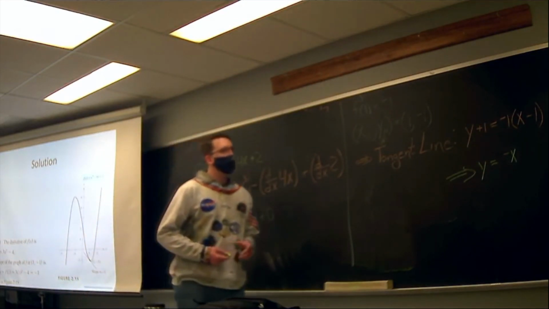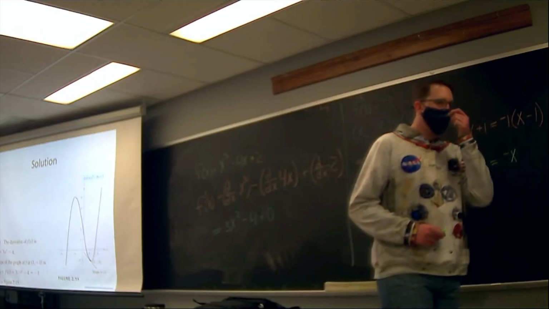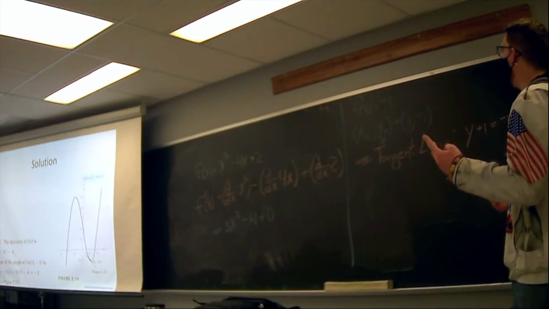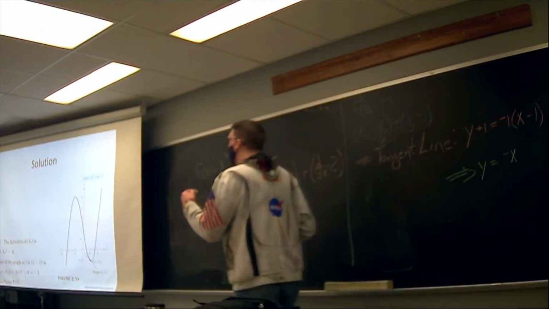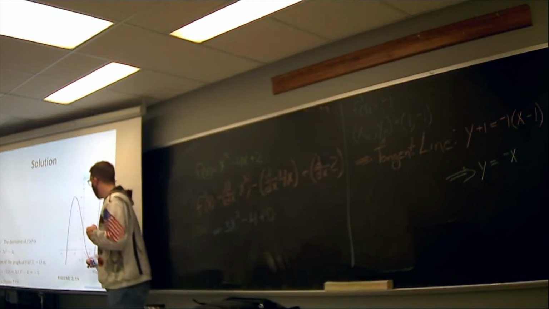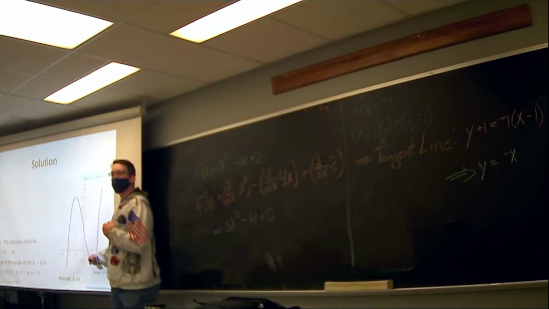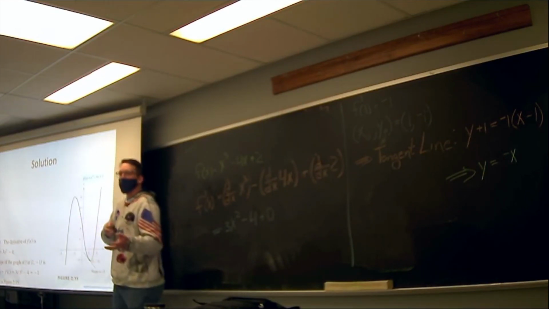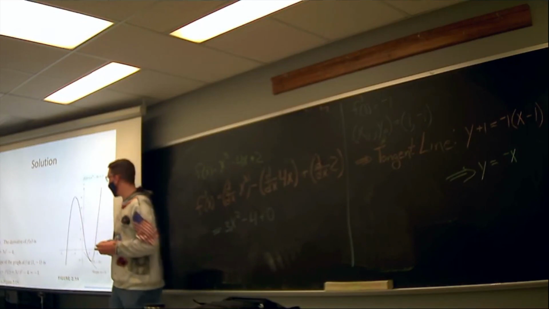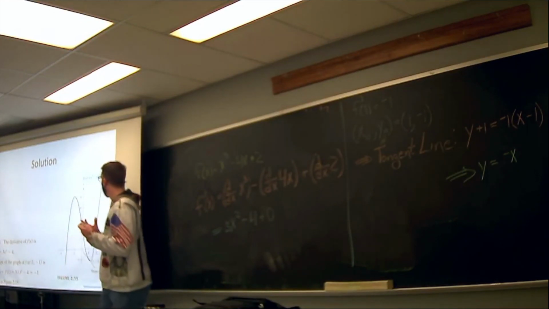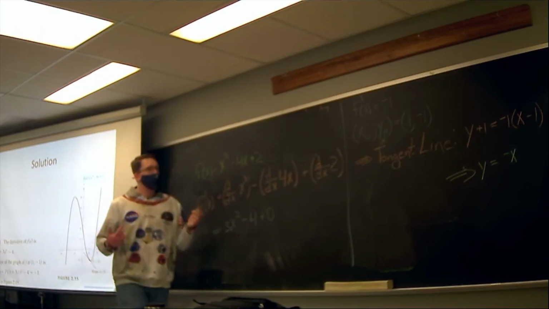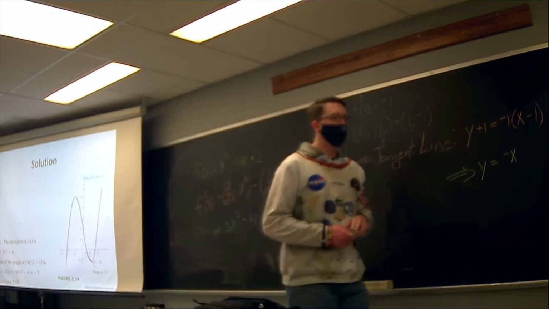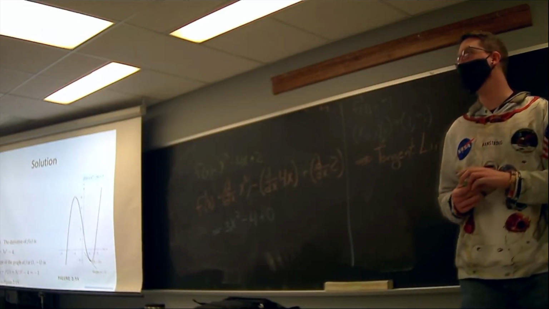So, to find the tangent line, we need to know two different things: what the derivative at a point is, and what the xy value is associated with our point. Like, we need to know what the point is according to our function. So, plugging in 1 to our original function, we get out -1. So we know our point is 1, -1. Then we find the derivative at that point, which in this case came out to be -1.